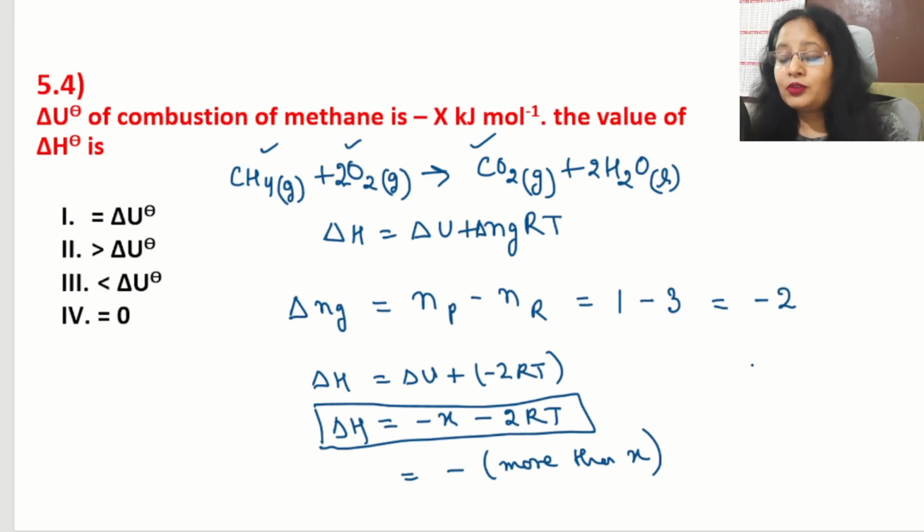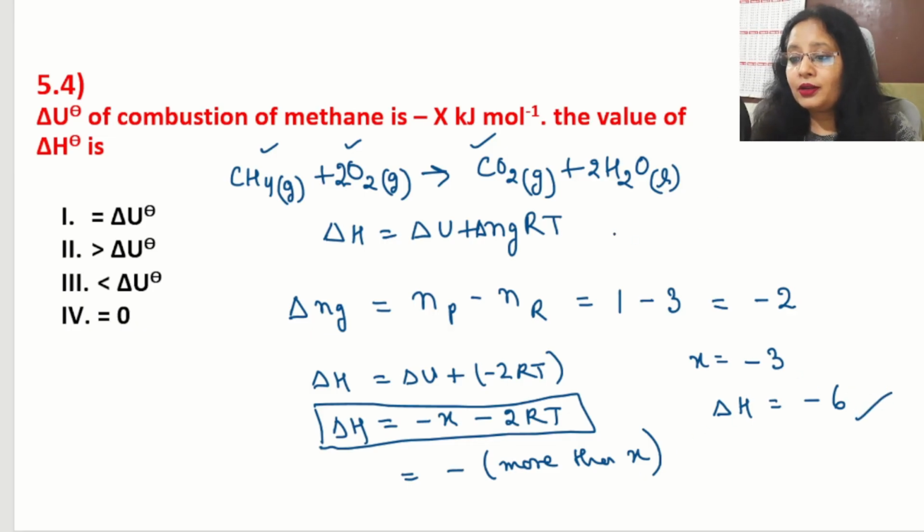So suppose earlier we have the value of minus 3. If X is minus 3 earlier, now the value of delta H will be more, so it will be maybe minus 6, because it is more than the X total. So it is minus 6.